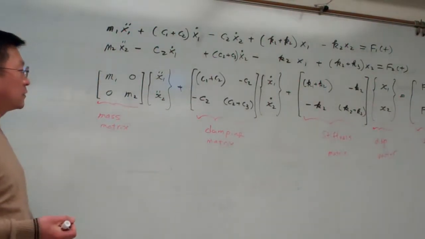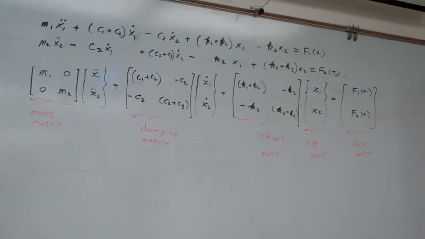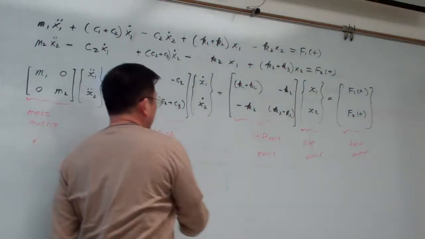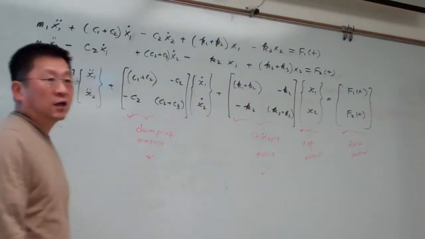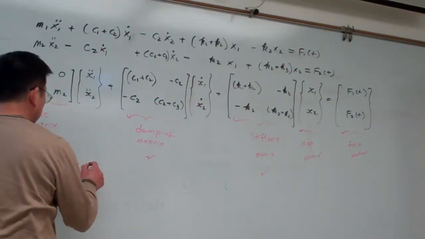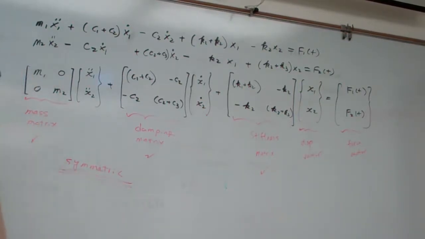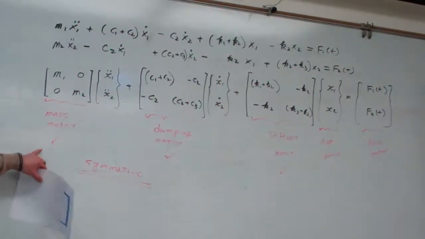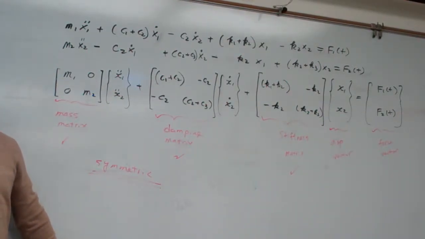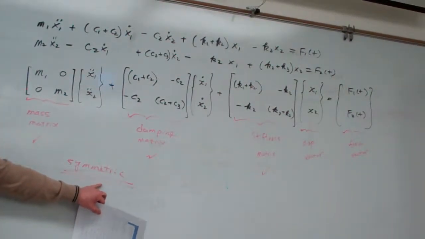One qualitative point for you to check whether your derivation is correct or not: the mass matrix, damping matrix, and stiffness matrix, if you're doing things right, must be symmetric. In other words, if you find any of the 3 matrices you derive is not symmetric, then you made a mistake. Okay, so this is a qualitative check for you.